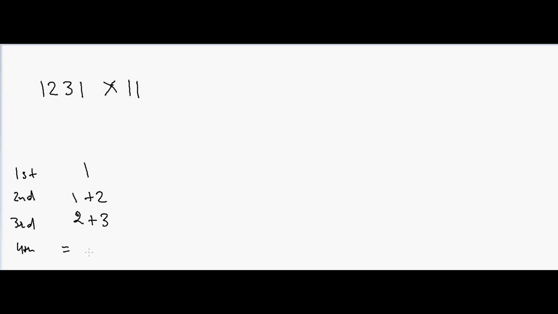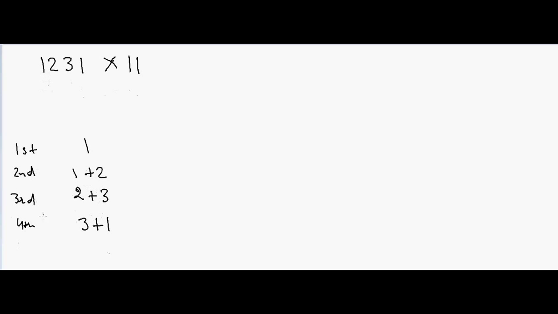If I have 1231, I have to multiply by 11. So the first digit will be equal to 1, second will be equal to 1 plus 2, third will be equal to 2 plus 3, and fourth will be equal to 3 plus 1, and then we are left with the fifth, which is equal to 1.